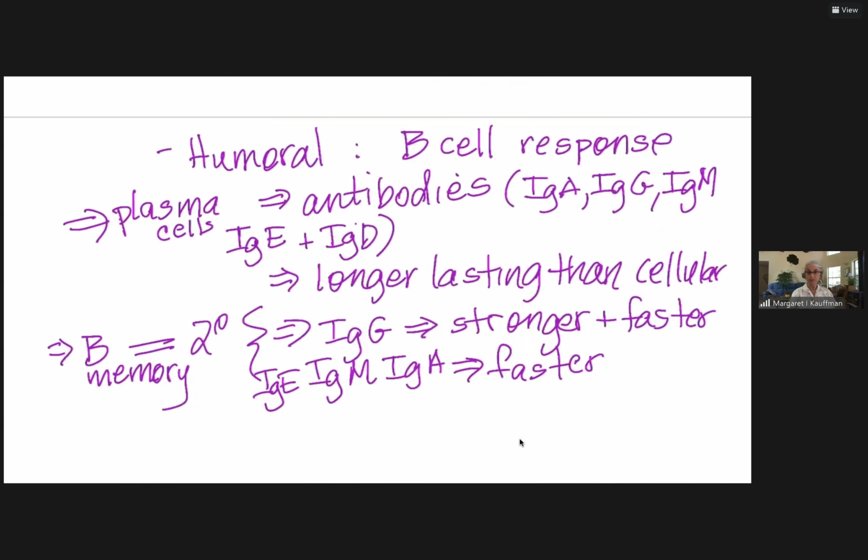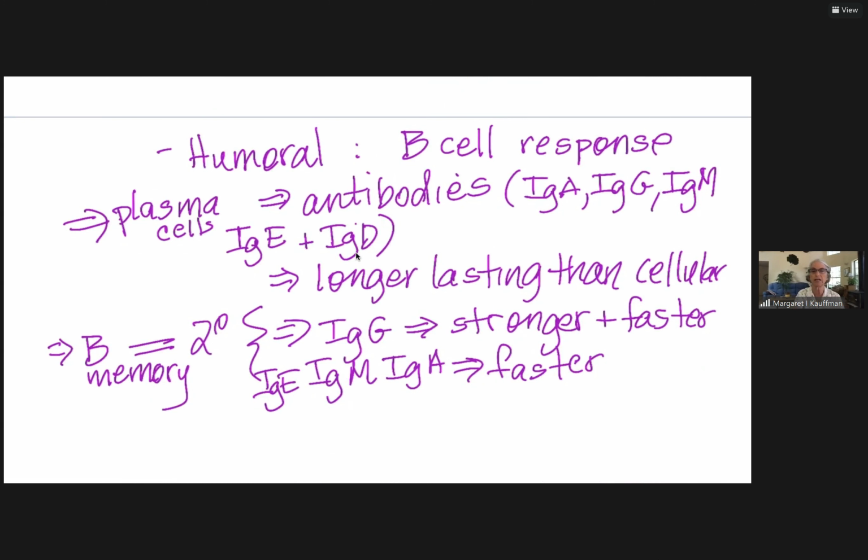When we look briefly at the humoral response, it's kind of B cells staying in the lymphatic tissues that you saw last week, and Drew will be drawing this on Thursday, where you have these germinal centers, and the B cells become plasma cells in those germinal centers and secrete antibodies.